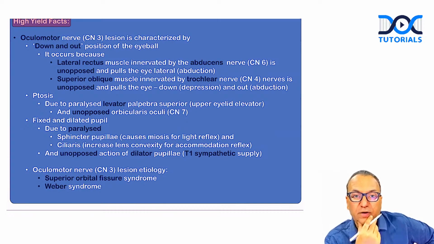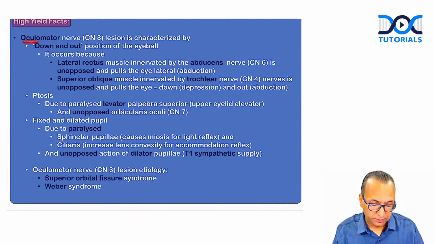I'm not sure what the question was. Was it really Argyll Robertson pupil or was it just for consensual light reflex? If it is for consensual light reflex and they are asking for the efferent, then you can go for the oculomotor nerve. But I need to get the correct framing of the question for that. But you can go for the oculomotor nerve in that case.